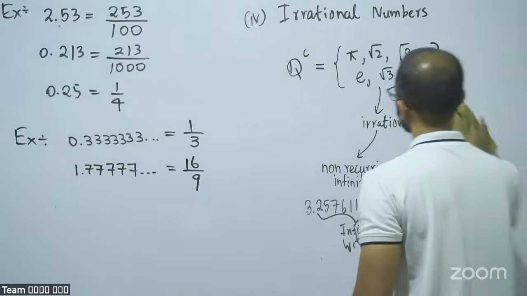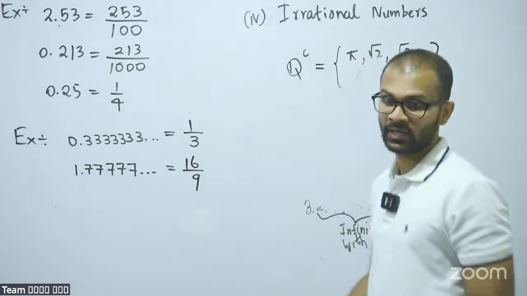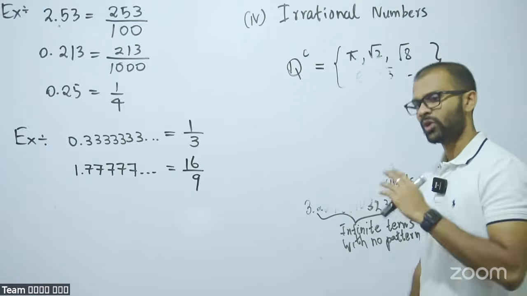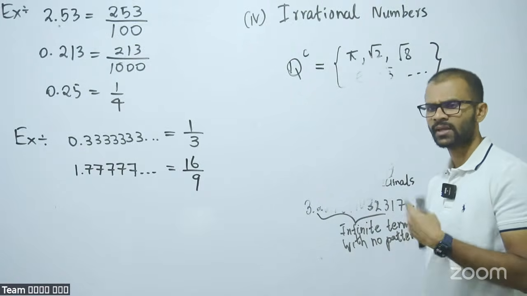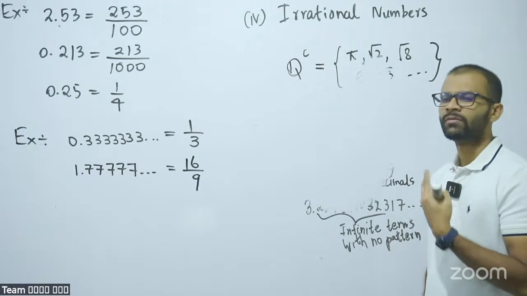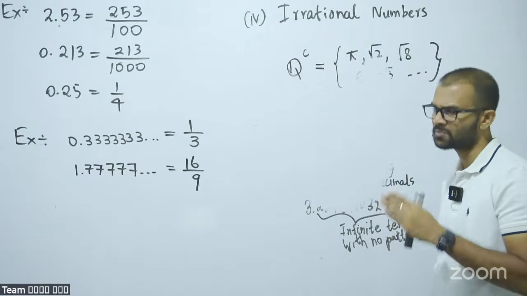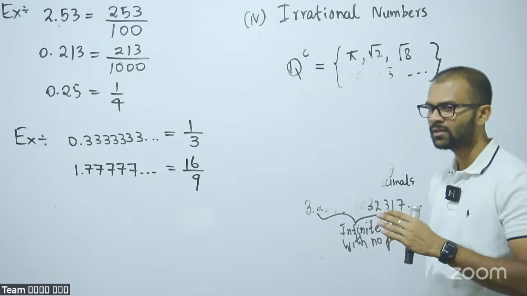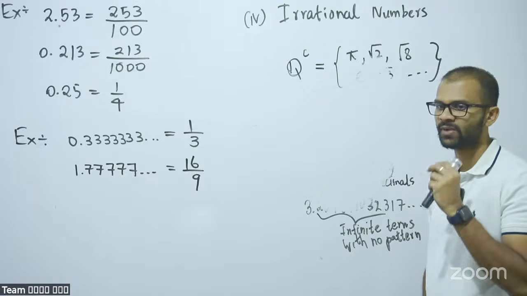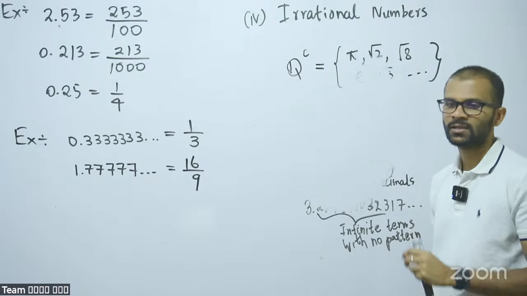So we are done with natural numbers, integers, and rationals. Rationals are examples like 3 over 4, 5 over 2. Fractions, but we can explain it a little bit deeper using decimals. If it is a finite decimal, it is a rational number.